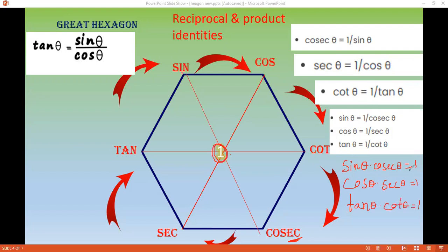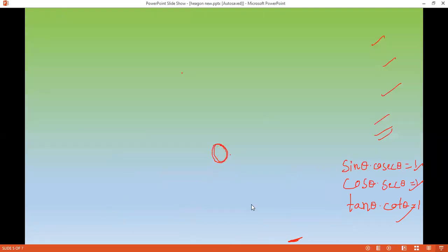So we are getting these product identities as well as reciprocal identities. That's why this can be called reciprocal and product identities. So framing of the hexagon is very important. Let us move to the next bit.